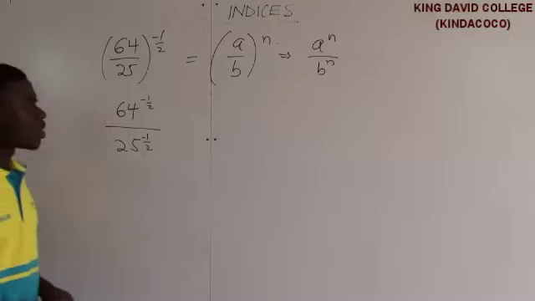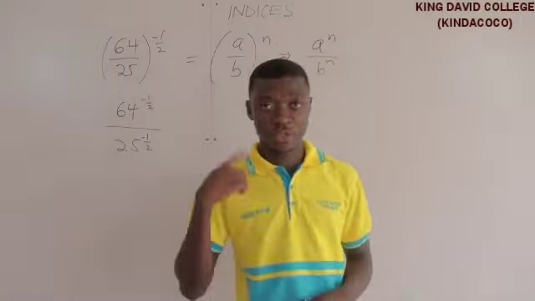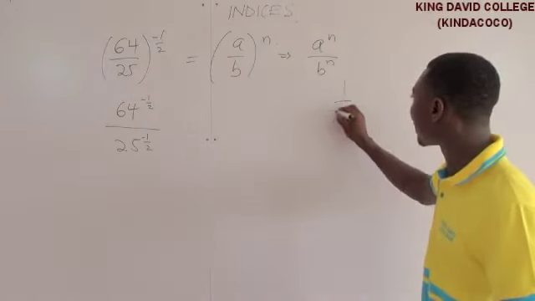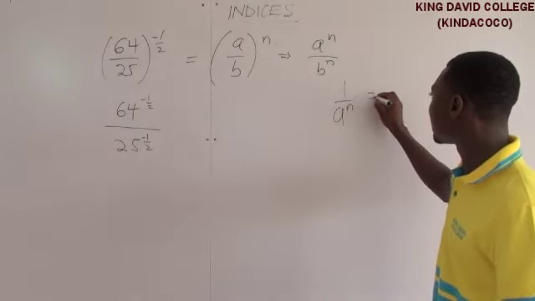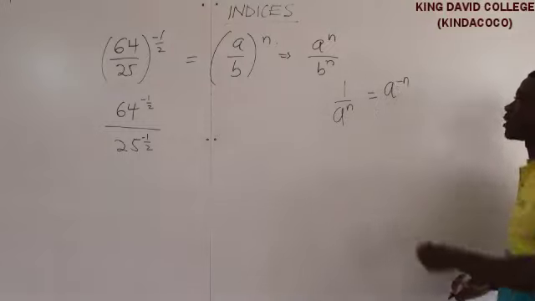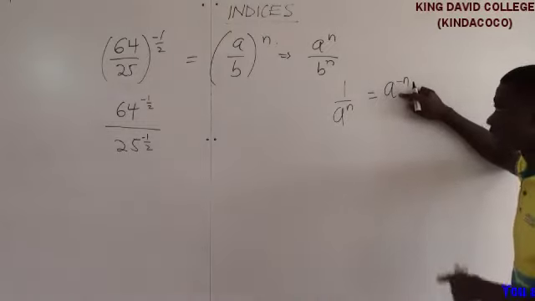Now, when we say minus exponent, we saw that when we had 1 over a to the power n, our answer is a to the power minus n. So minus exponent means 1 over the positive of that.